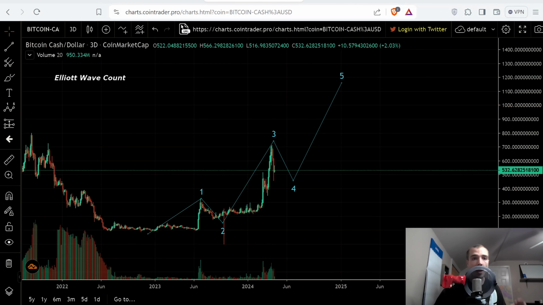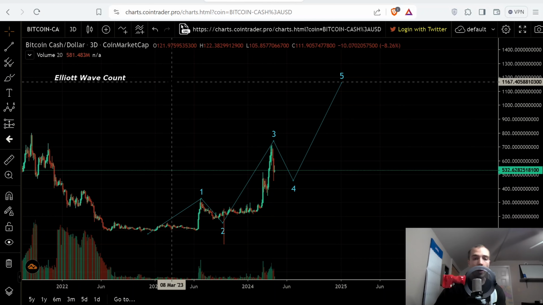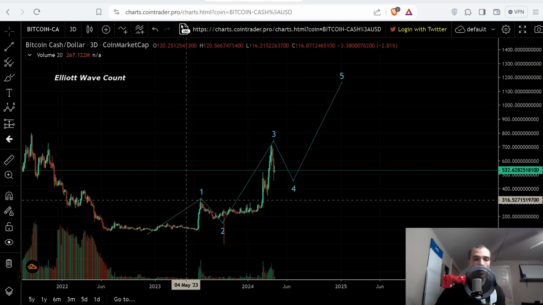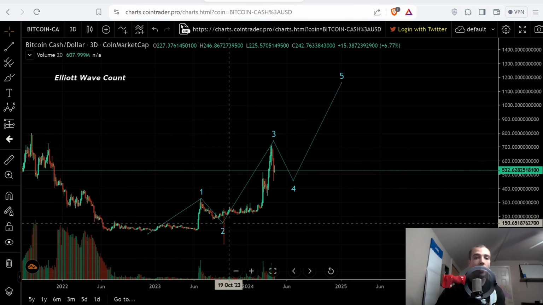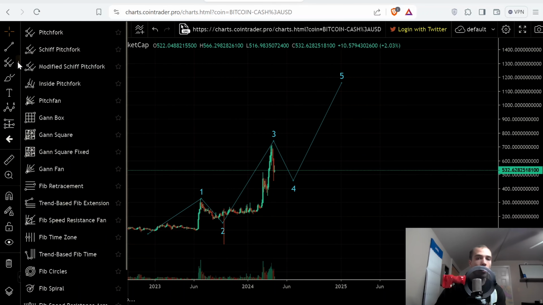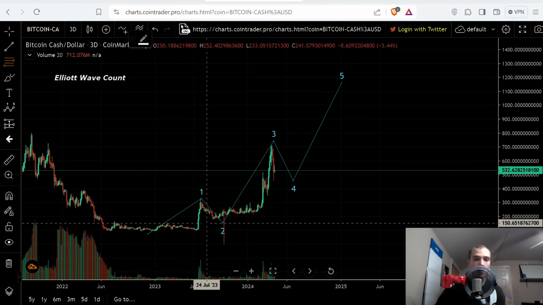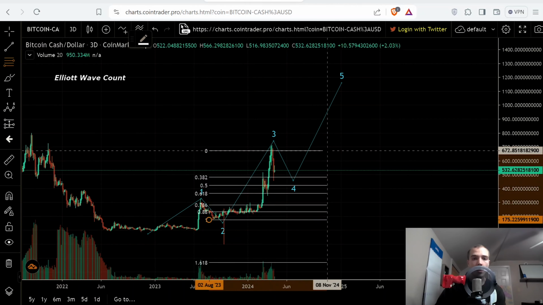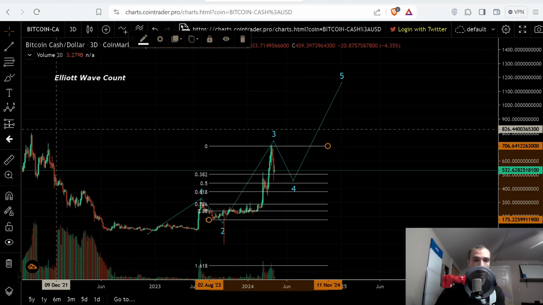And the reason for that is because of the Elliott wave count. So our Elliott wave structure shows an Elliott wave 1 wave, an Elliott wave 2 wave, then we have our 3 wave. Now wave 4 can stop between the 50% Fibonacci, the 382, and the 618.